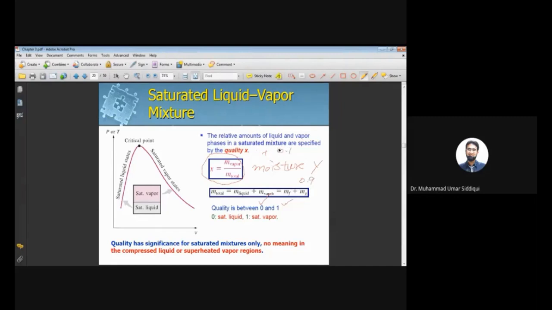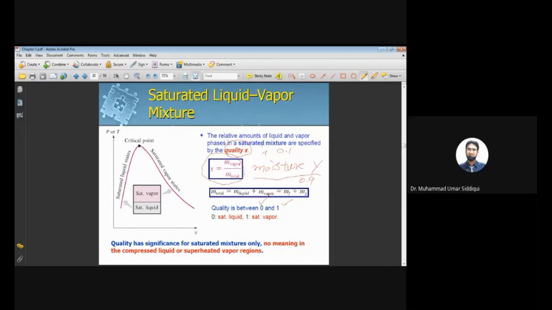Moisture is not a parameter which we use significantly. Quality is the main parameter which we use throughout this textbook. So this is something that you should know. Quality is the ratio, or the fraction, of the vapor within this mixture. Minimum value can be 0, maximum value can be 1.